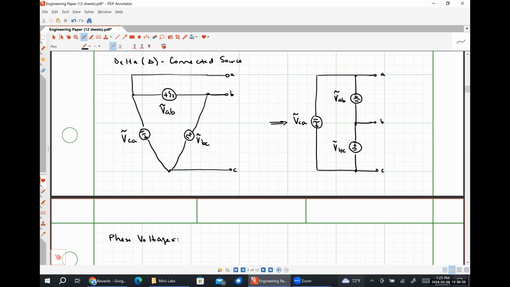Our definition for a phase voltage is never going to change. Phase voltage is always just the voltage dropped across one phase of a source or a load. So for this particular circuit, what do you think our phase voltages are?